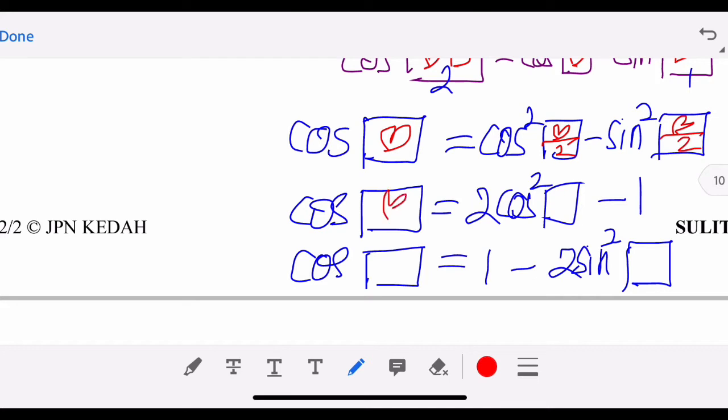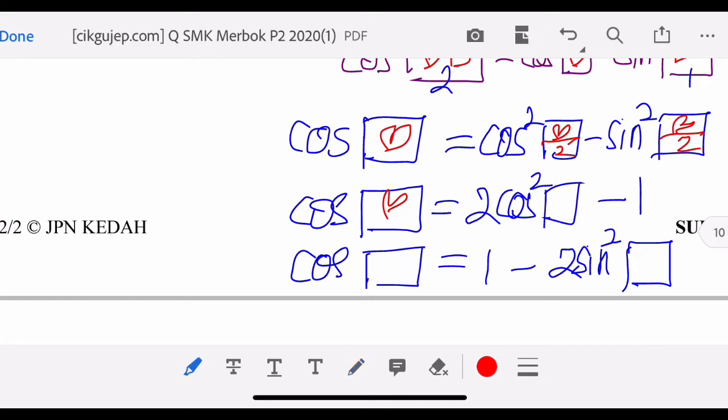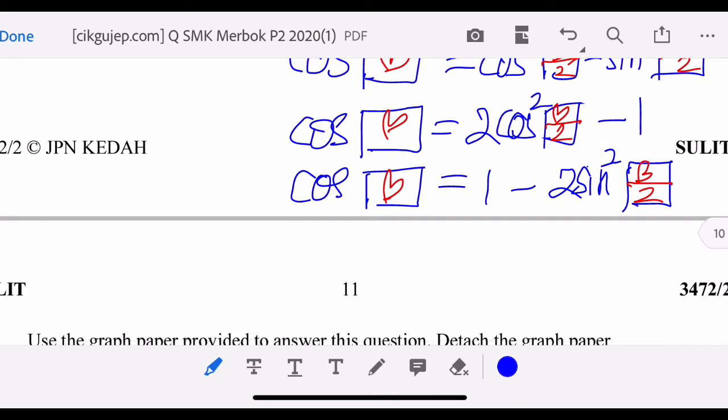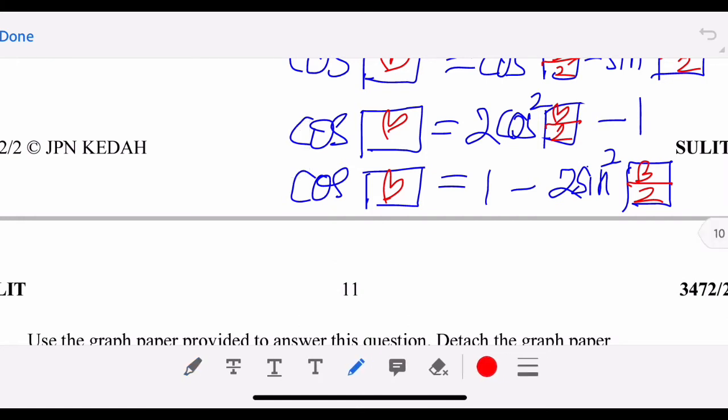If let's say 60, it will be cos 60 equals cos square 30 minus sine square 30. Understand? If let's say you have 1 love representing maybe 120, it becomes 2 cos square 60 minus 1. It becomes half. So I hope you understand how the half angle is derived from the formula list given in the exam.